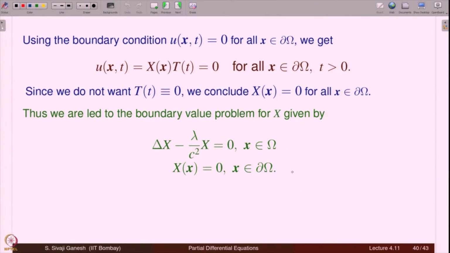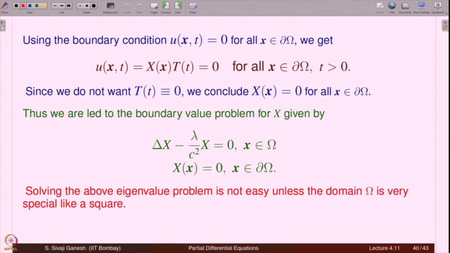Earlier the wave equation gave rise to 2 ODEs when we were considering one space dimension, and ODEs we could easily solve. Now, here it is a linear equation once again, but solving this is not easy, we do not know. Unless the domain is very special, like a square.